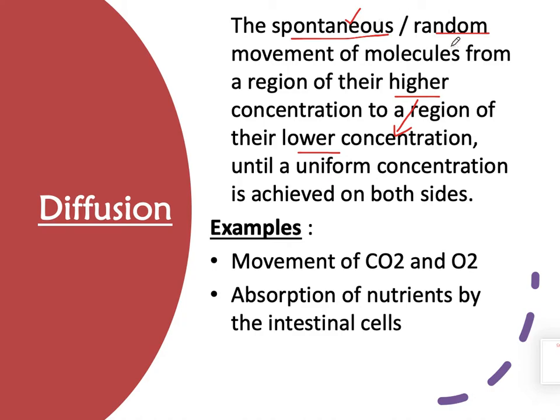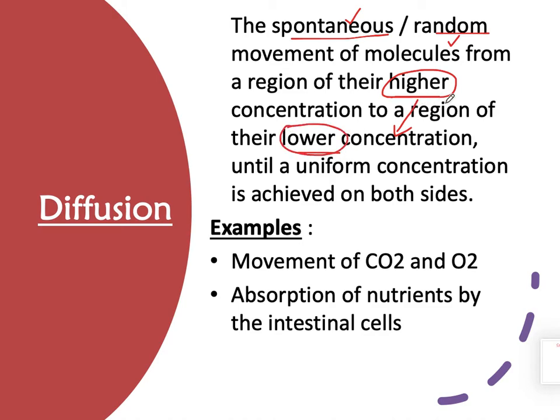Why is it random movement? Because there is not necessarily a plasma membrane in between the two different things while diffusion is happening. It is not necessary for a plasma membrane to be there in order for diffusion to happen. So that is why it is random and spontaneous. The rule is only one, that it is going to happen from a region of higher concentration towards a region of lower concentration.